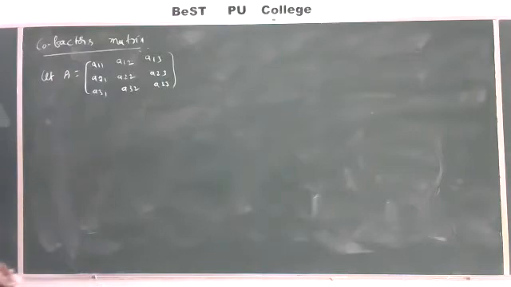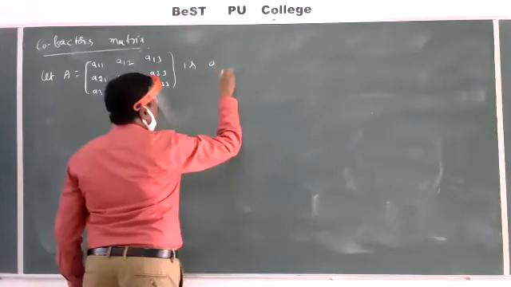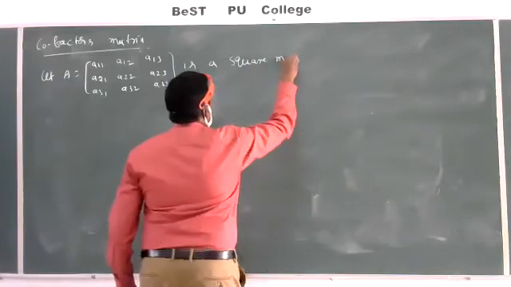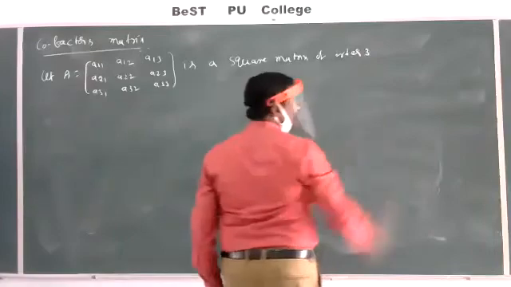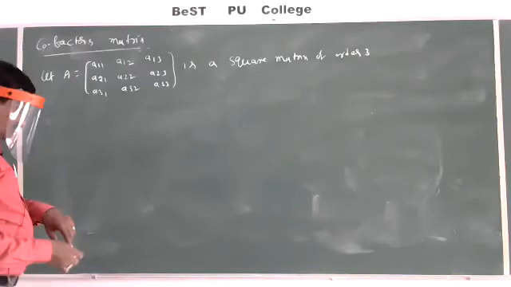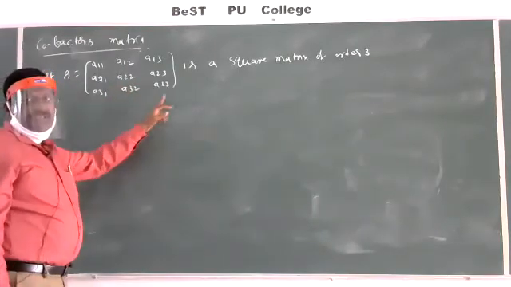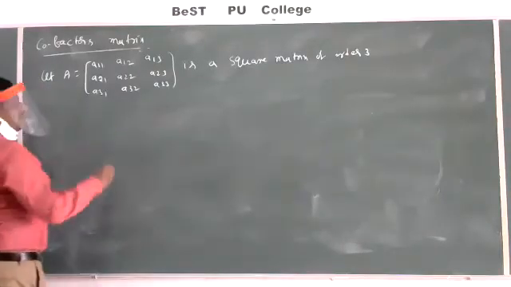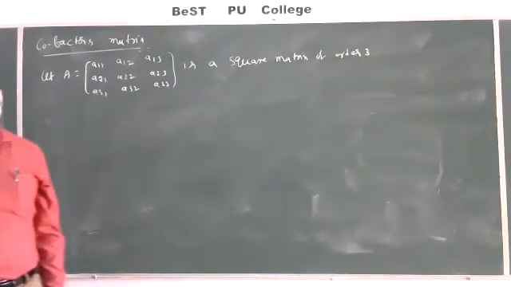This is a square matrix of order 3. Suppose in this matrix, each element is replaced by its corresponding cofactor.